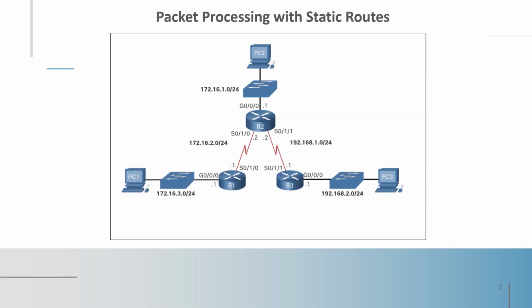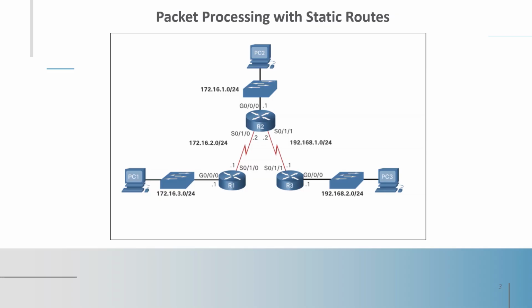Therefore, router 1 uses the default static route. Router 1 will encapsulate the packets into a new frame. Because the link to router 2 is a point-to-point link, router 1 adds an all-ones address to the layer 2 destination address. The frame is forwarded out of the Serial 0/1/0 interface of router 1.